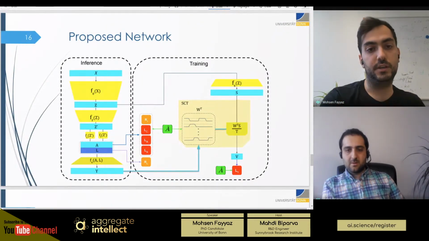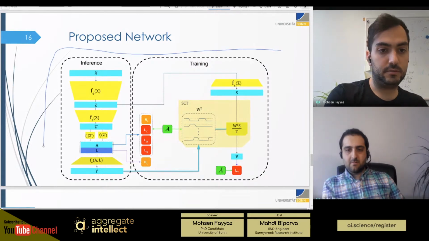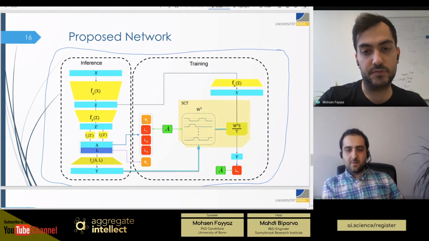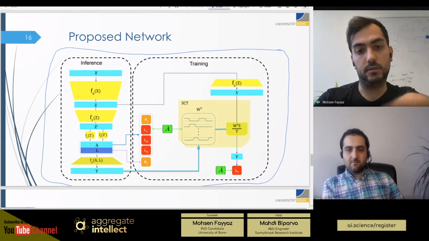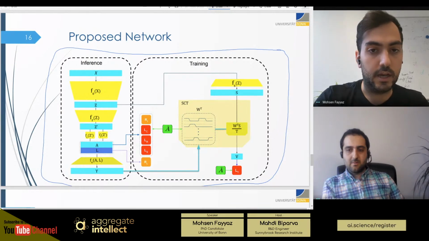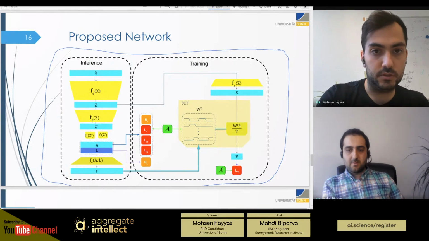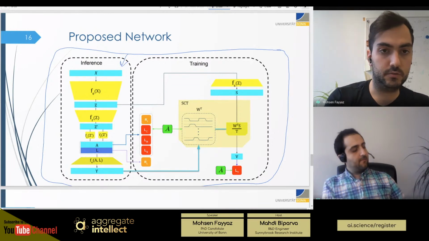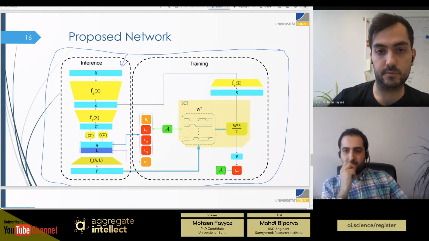So during the training, we have all of it, and we use this transformation and all of these extra losses and regularizers here. And during the inference, we just use this part. We feed the data to the network, and then we get the action probabilities.